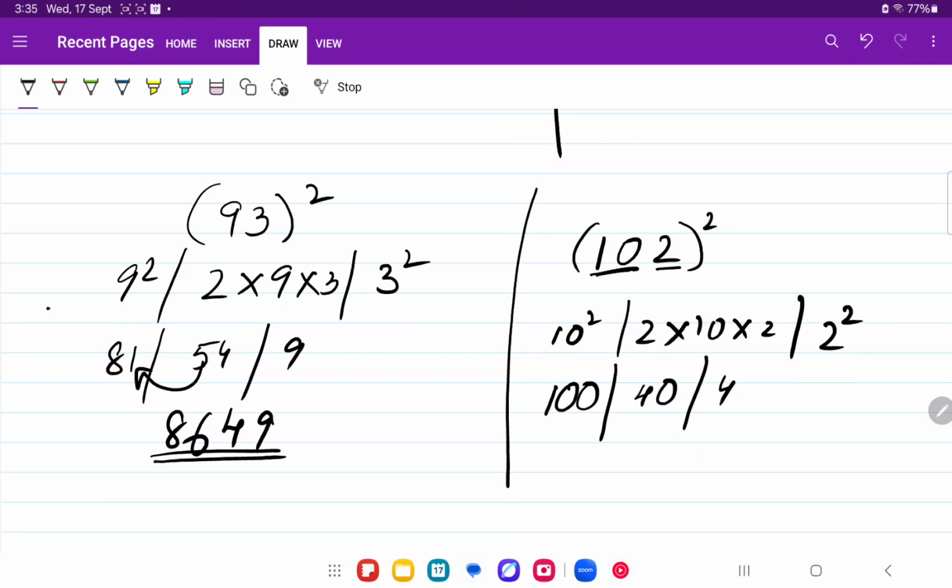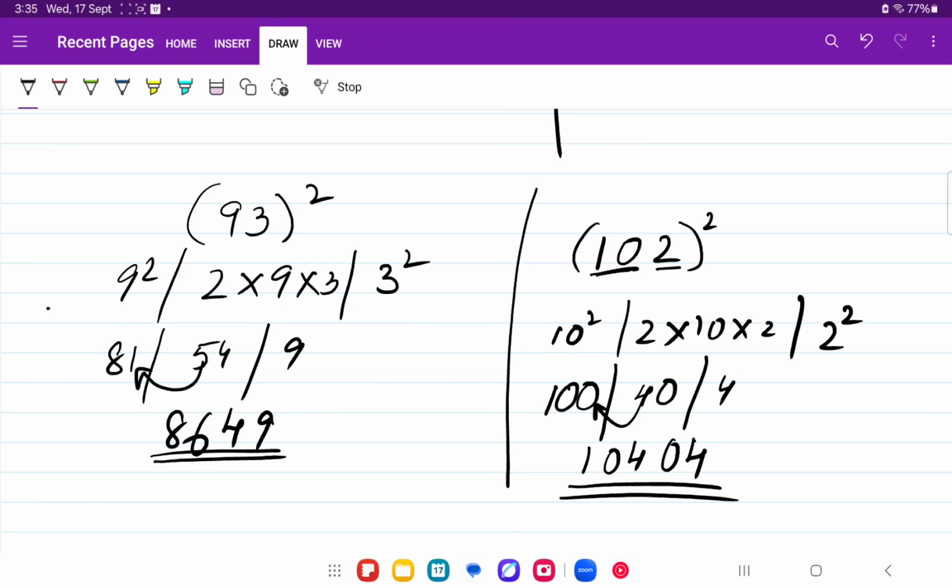Now again here 4 is a singleton, there is nothing along with it to be carried over. So we have 4, 0 comes down and the 4 is added to 100, so 104. 10404. Got it? Isn't it easier?